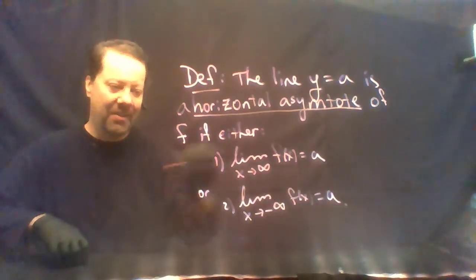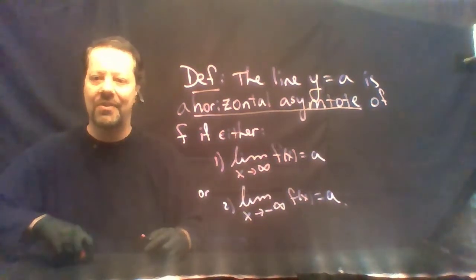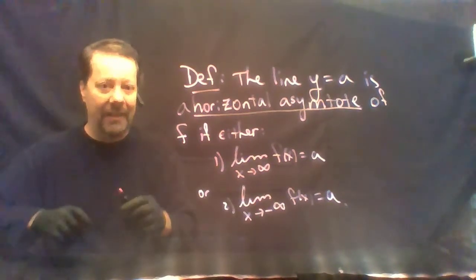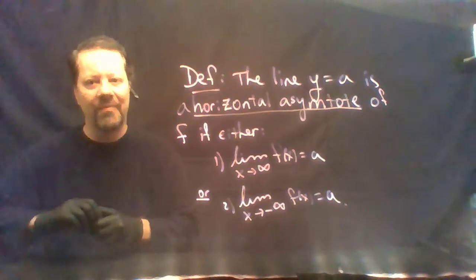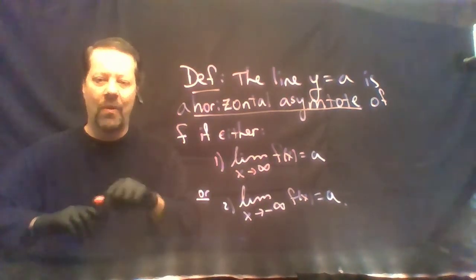It has to go to a either as x goes to infinity on the right or on the left, or both. This or is the mathematical or. This or that or both.